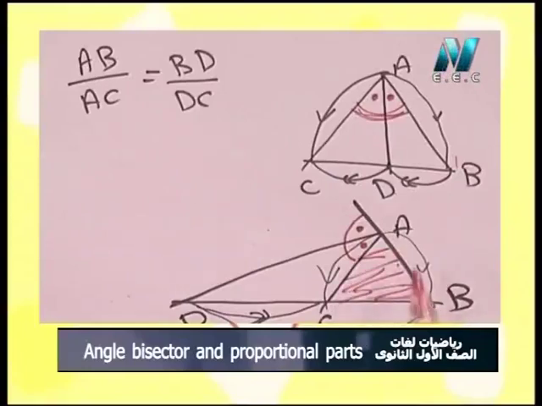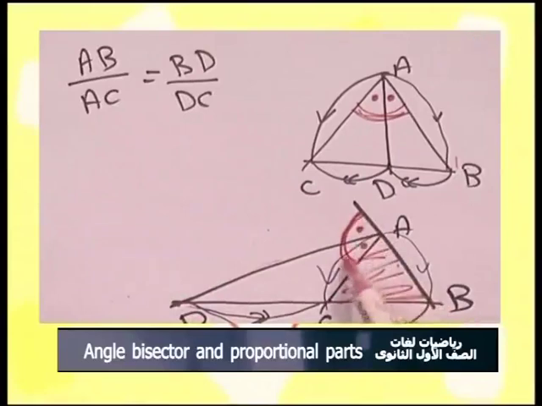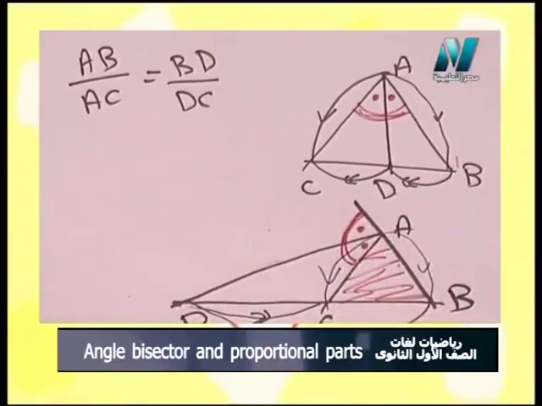So again, if we have AB over AC equals BD over DC, we will deduce directly that AD bisects the angle A, but from the exterior. Okay, so we will find an example here.